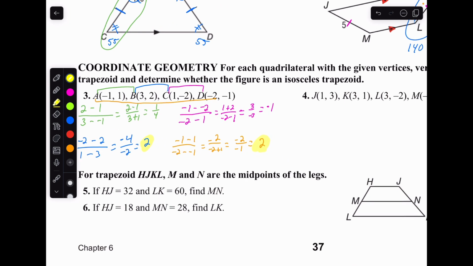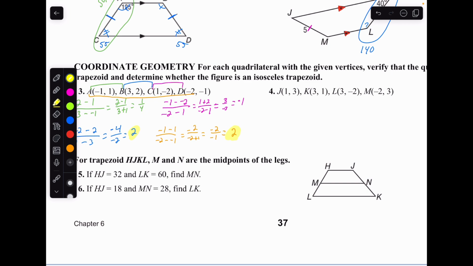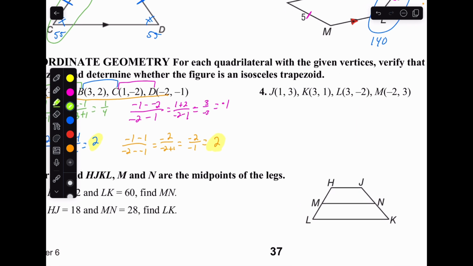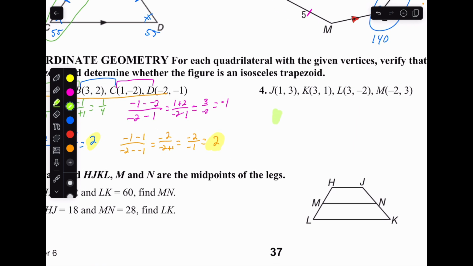For the distances in pink or in green, the distance is going to be the square root of the difference of the x's squared added to the difference of the y's squared.